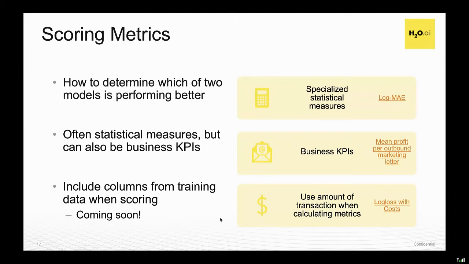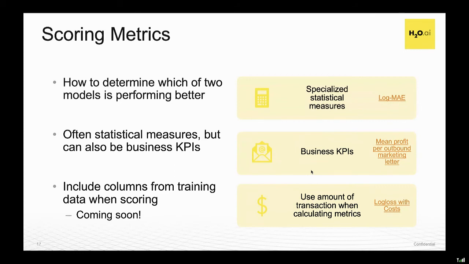But we now have the ability to add in any scoring metric you want. One of the questions we're getting regularly is whether customers want to use their own business KPIs. So they're statistically backed, but there is something more important related to the actual business problem they're trying to solve. Some examples here would be a specialized statistical measure, something you wanted to use that wasn't a standard, or maybe we didn't have in the product. For example, the log of the mean absolute error.